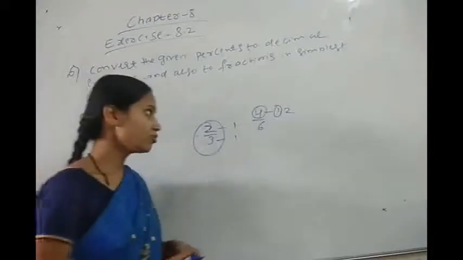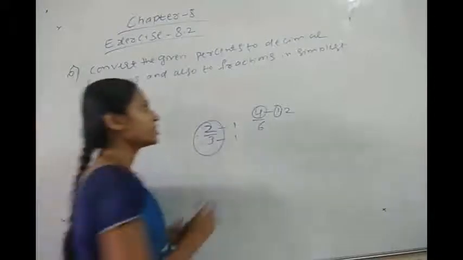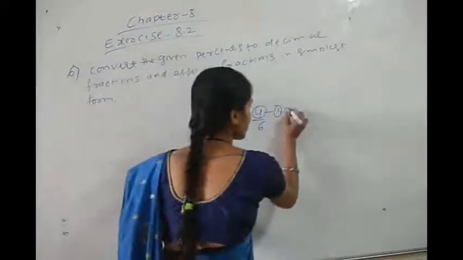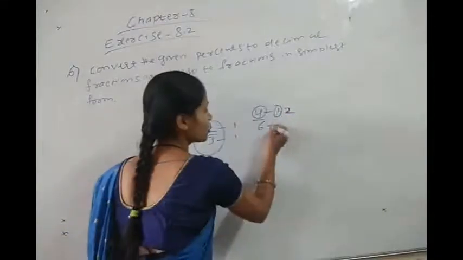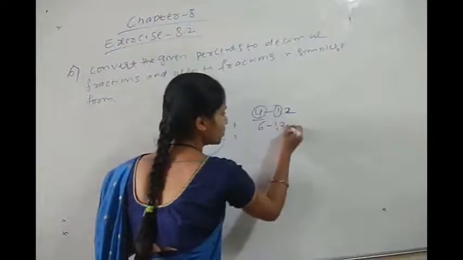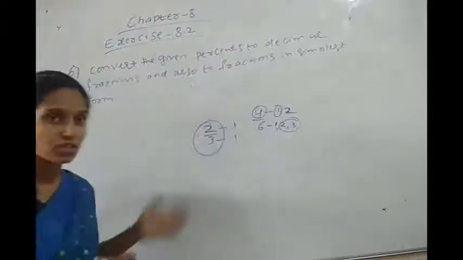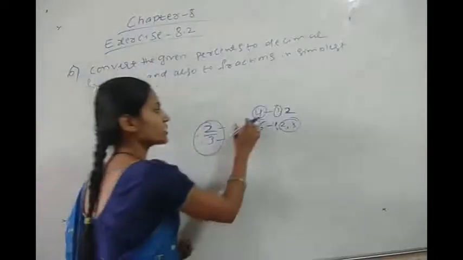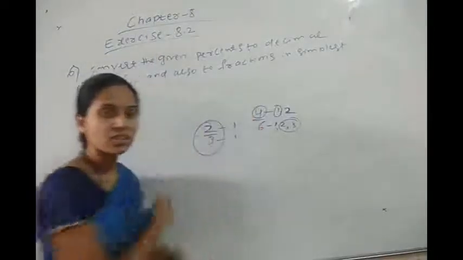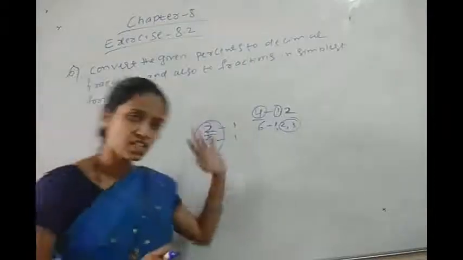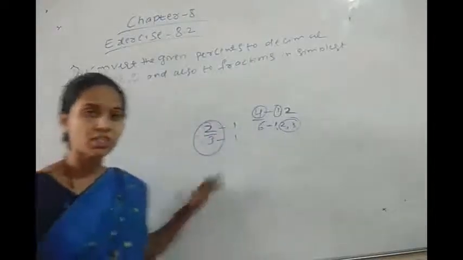But except 1 we should not have any other. But here except 1 we are having 2 as the factor of 4, and here also 1, 2, 3. Except 1 we are having 2 more factors of 6. So that's why 4 by 6 is a fraction, but it is not in its simplest form.